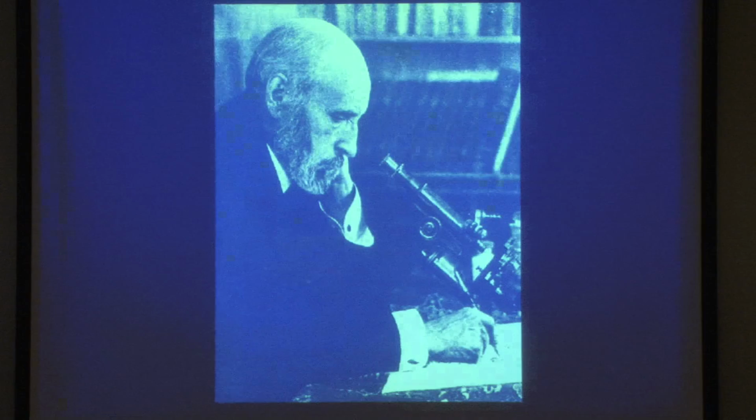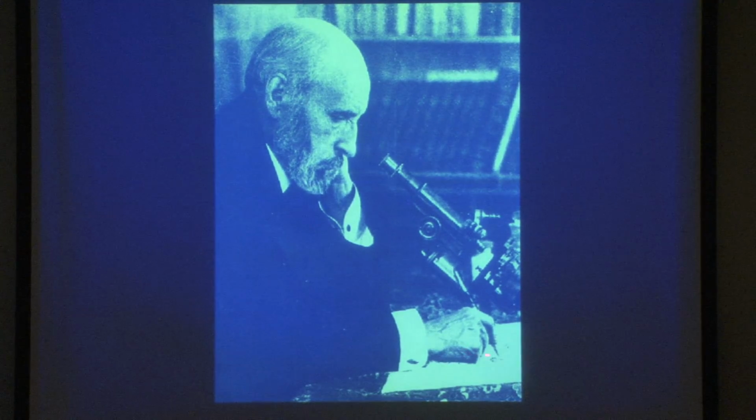And so here is a picture of Cajal. He spent most of his life like this, looking through a microscope, endlessly looking at brain slices and studying the individual cells, the shapes, and drew them. As you can see, his pencil here is drawing, in the middle of drawing actually a cell there.